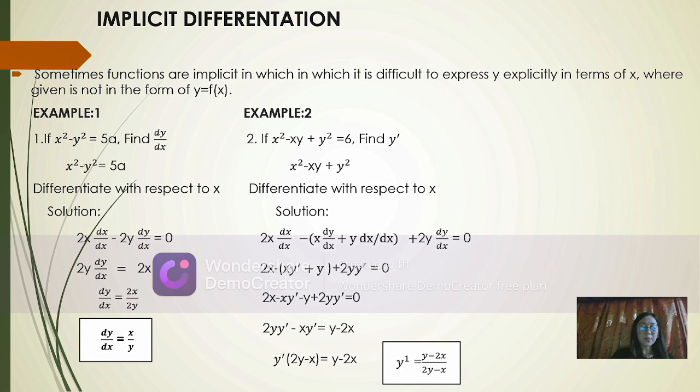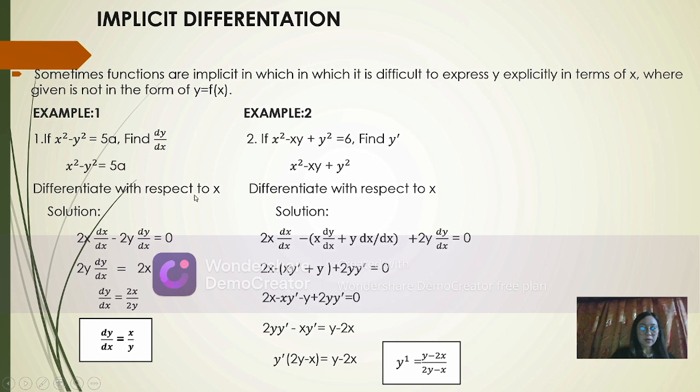Example number 1. If x squared minus y squared is equal to 5a, find dy over dx. So, sulat natin dito, or ibaba natin yung x squared minus y squared is equal to 5a.